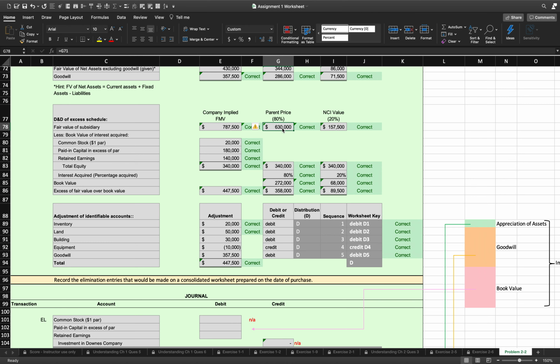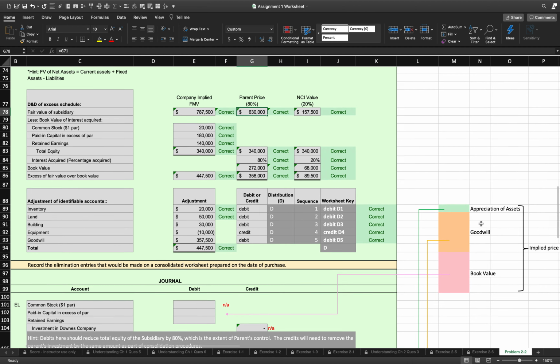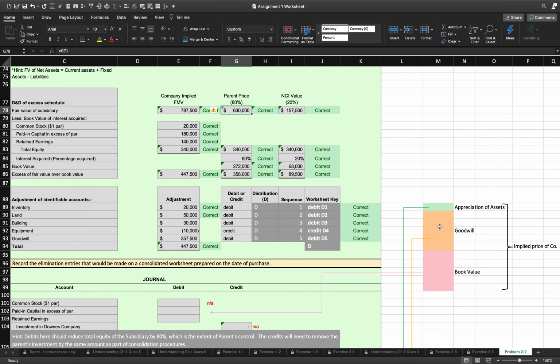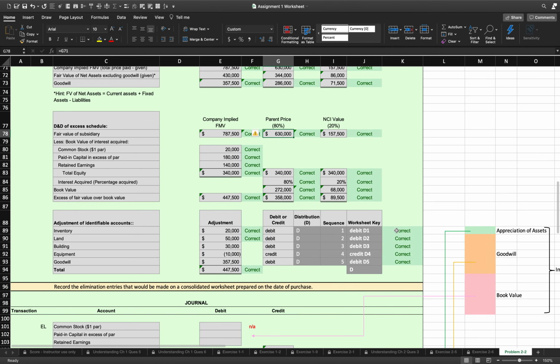What we want to do in the consolidation process is eliminate that amount for investment in Downs, and absorb all of the net assets of the acquiree, or the subsidiary, up to 80%, because that's our ownership share, and then deal with the NCI separately. But complicating this entire process is the fact that we have goodwill and appreciation built into this overall scenario. So what we have to do is go step by step here.